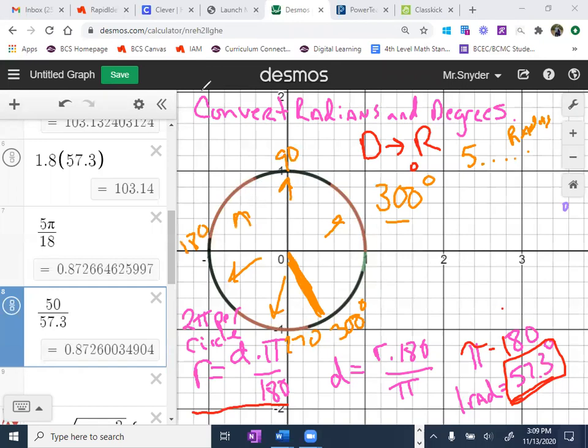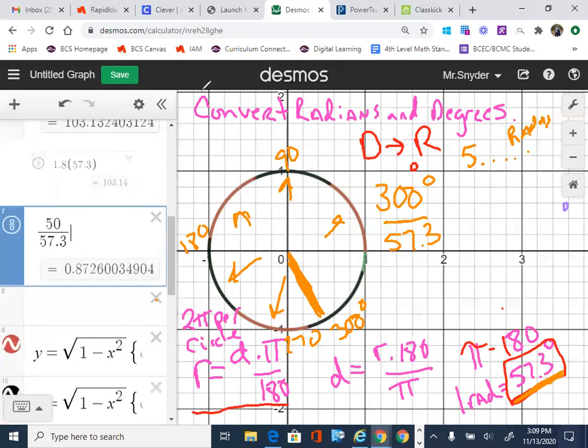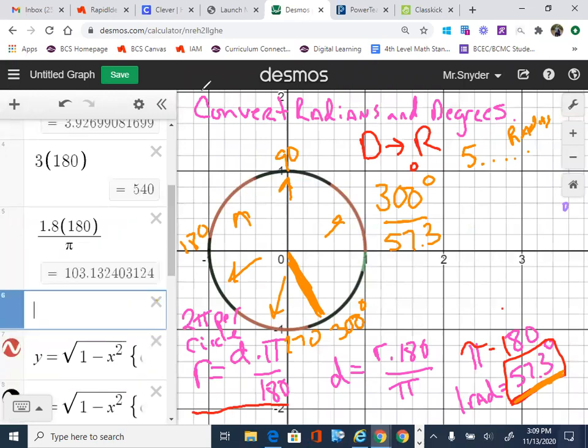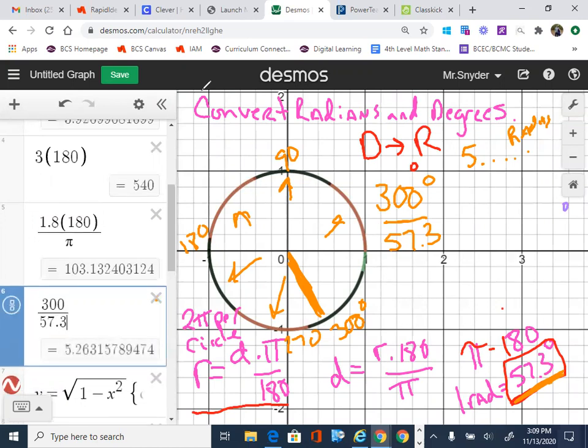I know that 300 degrees can be converted to radians by dividing by 57.3. So let's do it that way first, and then I can get that change right away. Let's type in 300 divided by 57.3, and that gives me 5.235, or 5.24 radians.